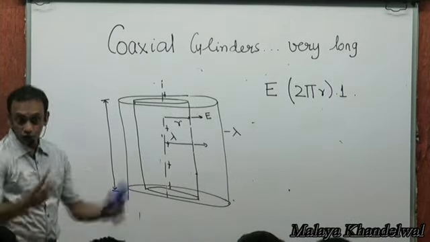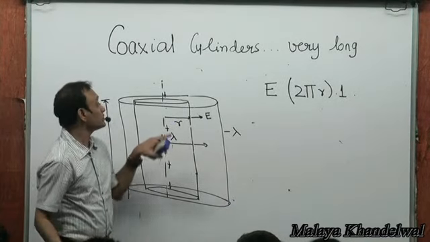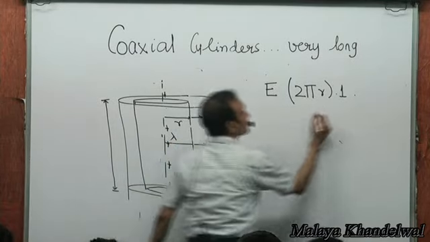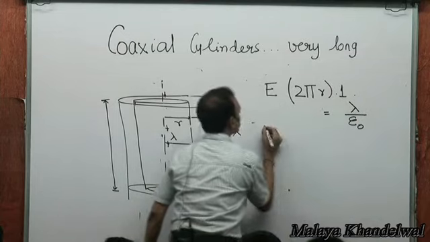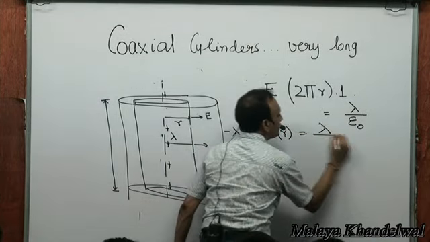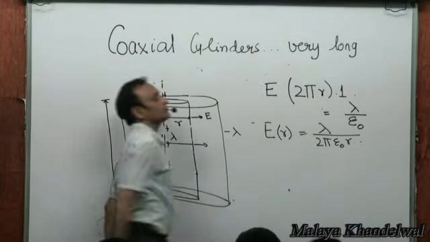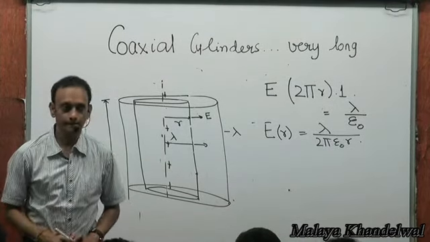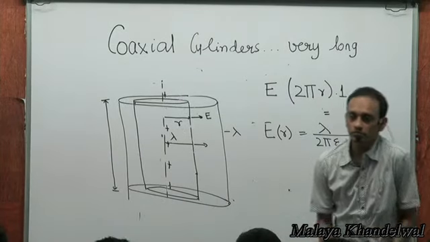And that must be the charge enclosed, which is λ by ε₀. So the electric field at a distance r is λ by ε₀r. No confusion now? That's simply out of Gauss's law.